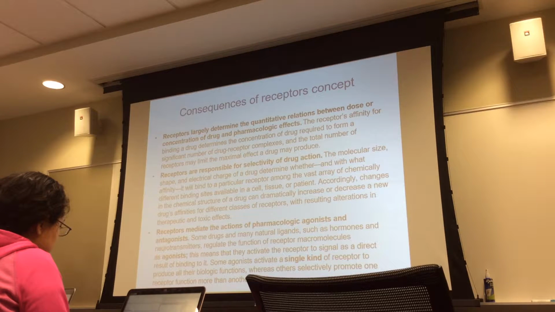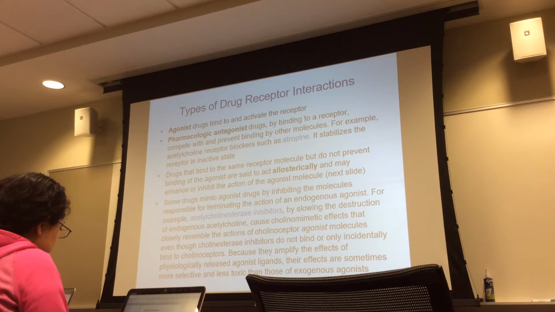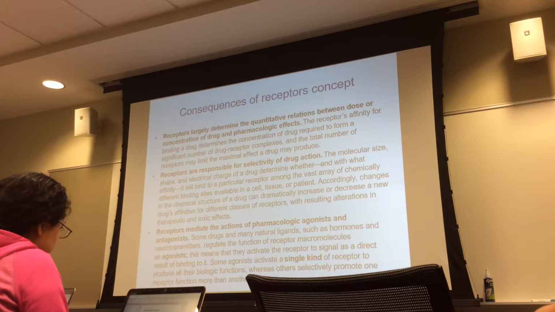So given this concept of receptors, there are consequences. First, receptors largely determine the quantitative relationship between dose and concentration. For a drug to act in a concentration-dependent manner, the more you increase the concentration, the more the effect. That means there is a moiety that the drug binds to and causes this action.